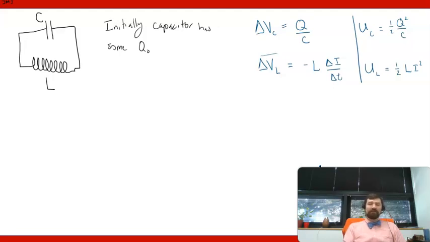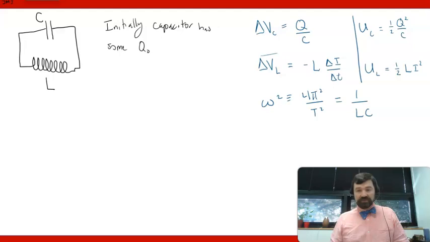And maybe one more relevant equation. We expect that omega squared for this system, which by definition is 2 pi squared over the period squared, should look like 1 divided by L times C. So those are kind of our relevant equations off the start.